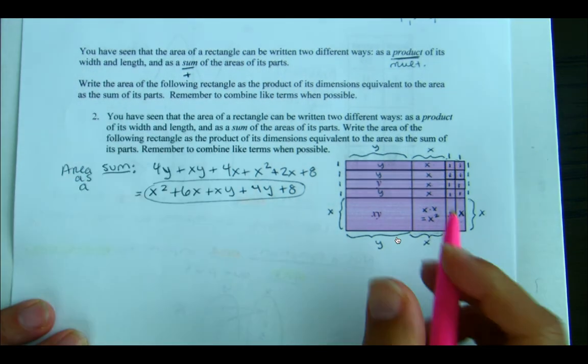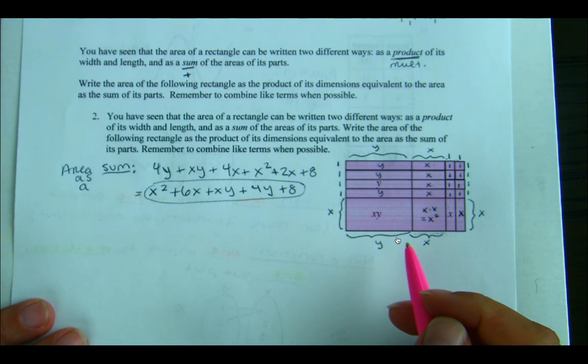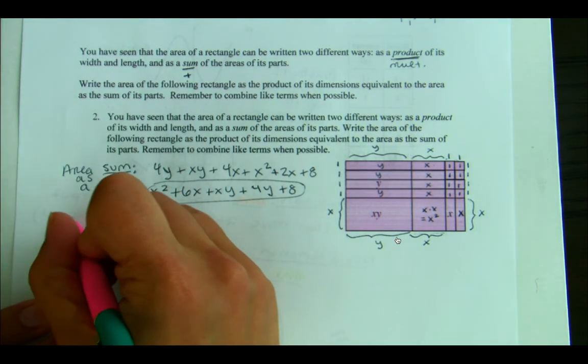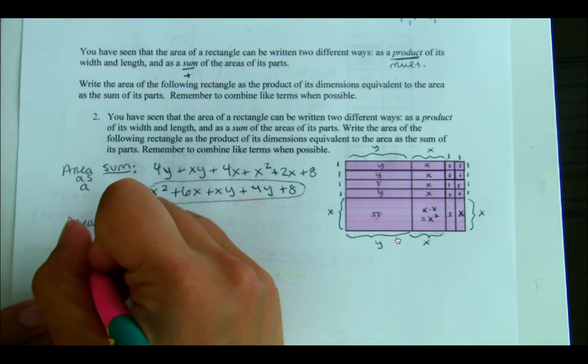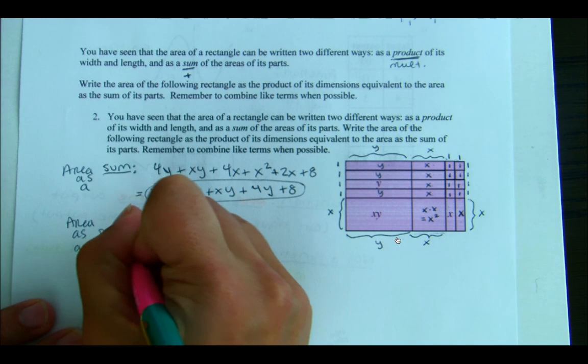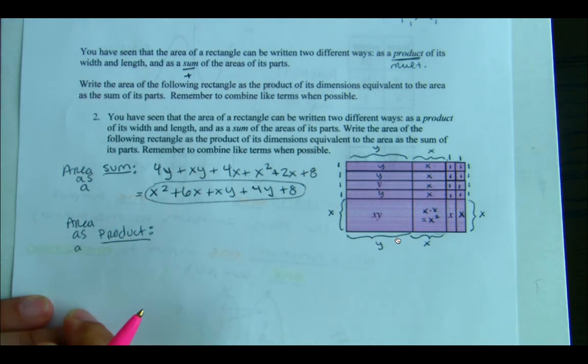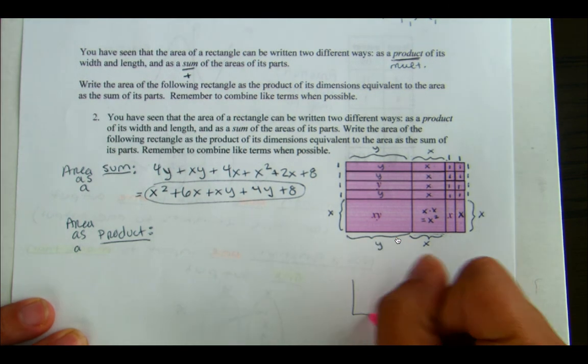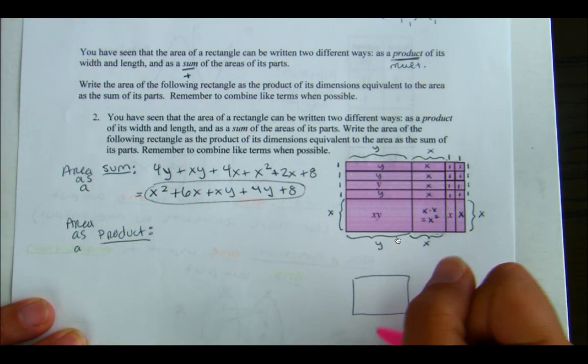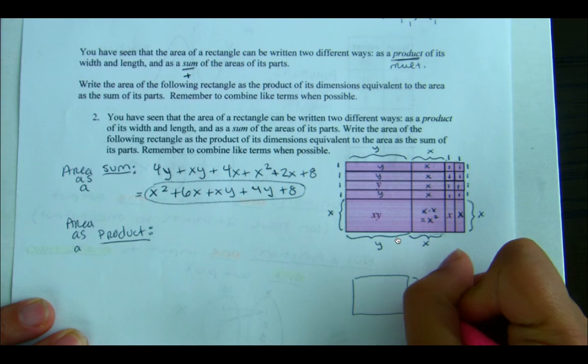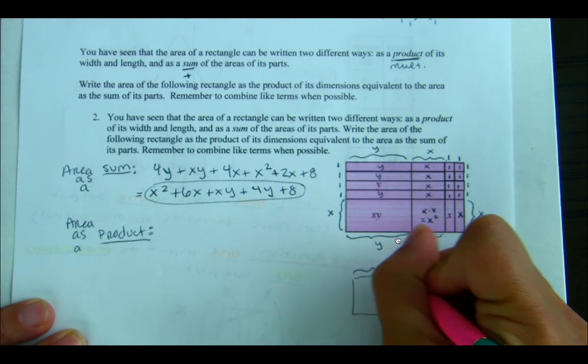And then my next thing is going to be area as a product. So area as a product means that I'm looking for multiplication. So if you think about it, if I were looking at a regular rectangle, to find the area of a rectangle, I want to do my width times my length, right?